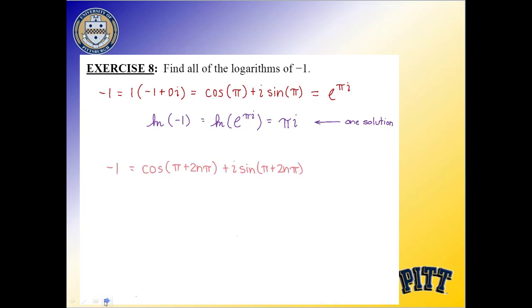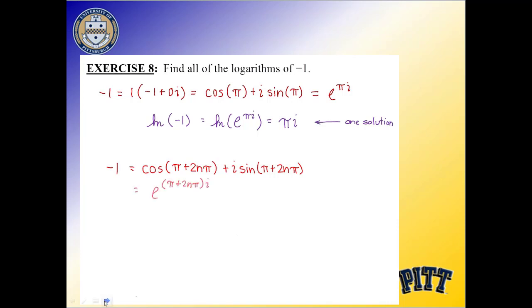The thing is, though, -1, based off of what we're talking about here, can also be written as the cosine of pi plus 2n pi plus i times the sine of pi plus 2n pi, again going with the whole idea of coterminal angles.